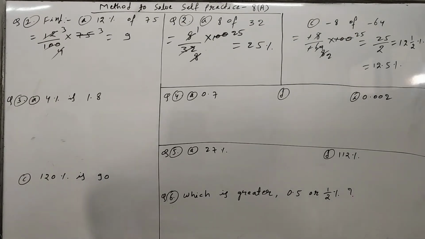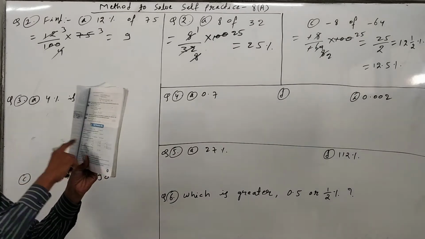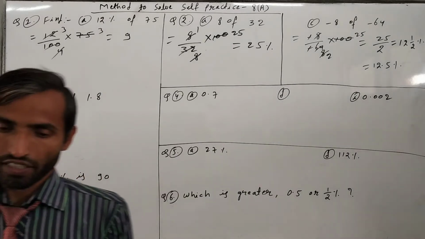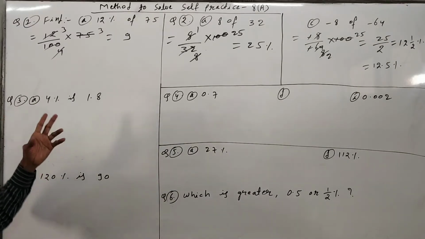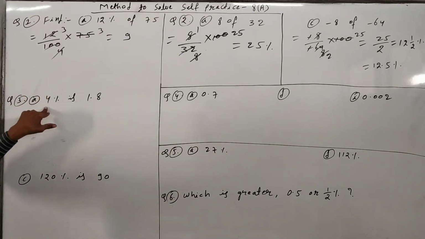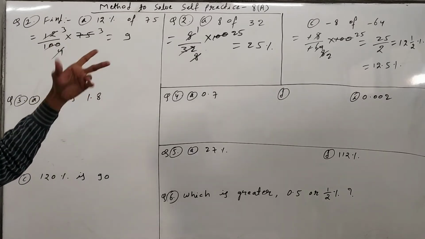In question number 3, the question is asking, find the number whose 4% is 1.8. Means which number is there whose 4% will be equal to 1.8. So we have to find that number.